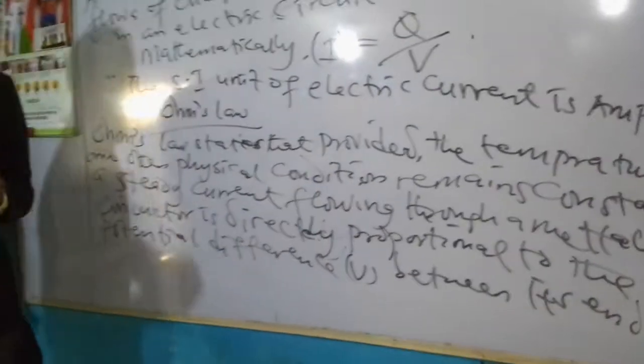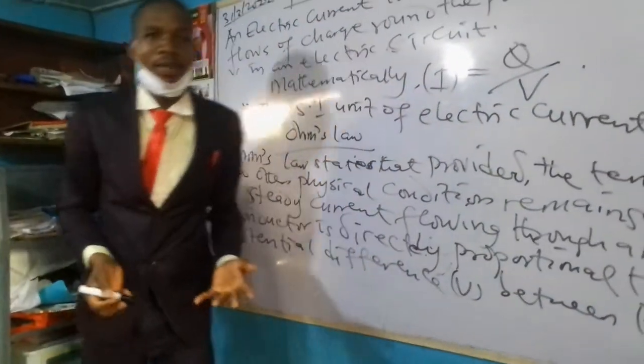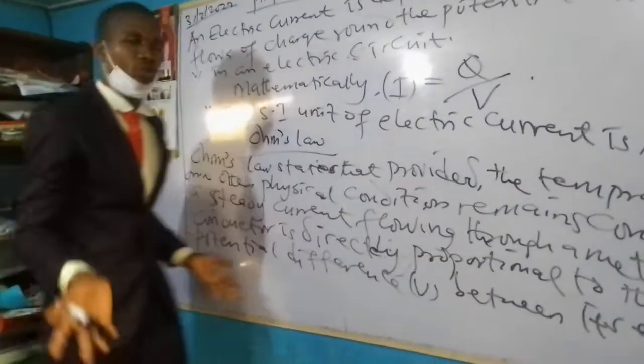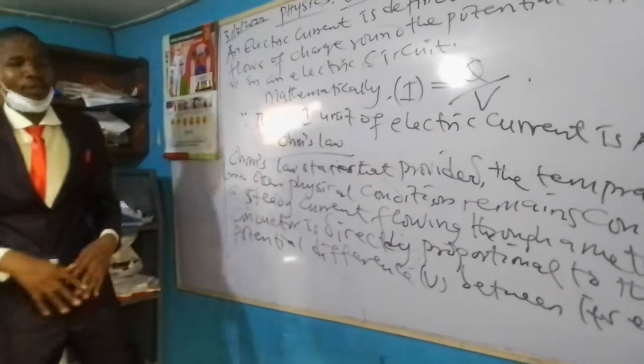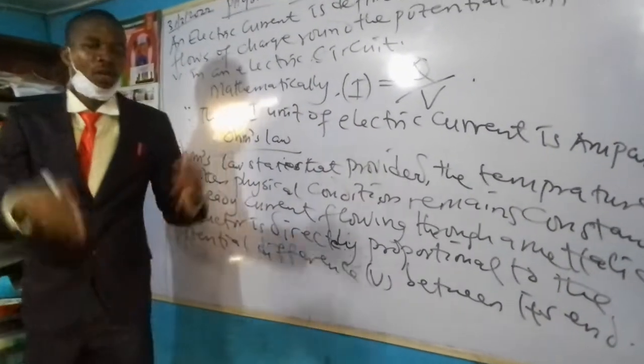Ohm's law says that provided that the temperature and other physical conditions remain constant, the steady current flowing through a metallic conductor is directly proportional to the potential difference between the ends of the conductor.